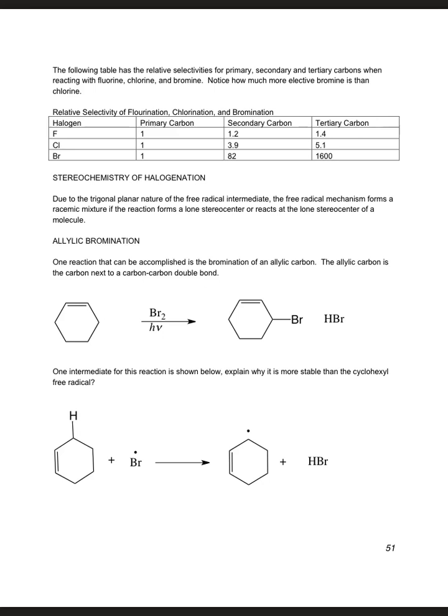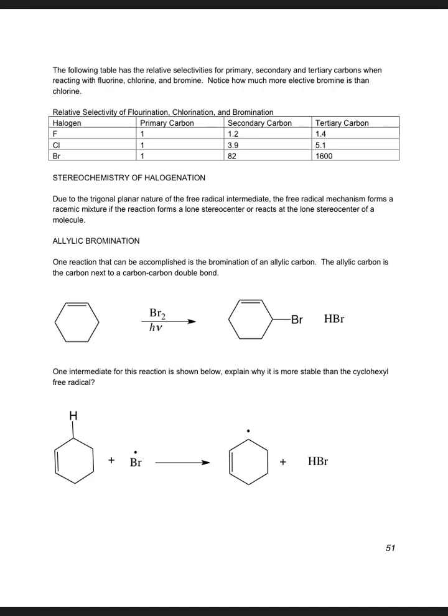So here's the selectivity of things. Fluorine 1 to 1.2 to 1.4, not very selective. It gives a big bunch of everything. Chlorine is 1 to 3.9 to 5.1 from a primary to secondary to a tertiary carbon. A little more selective, but not very good.